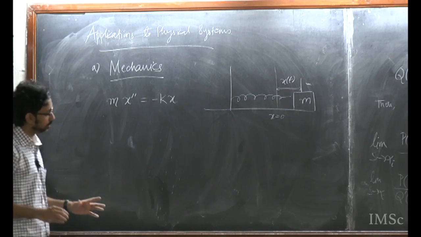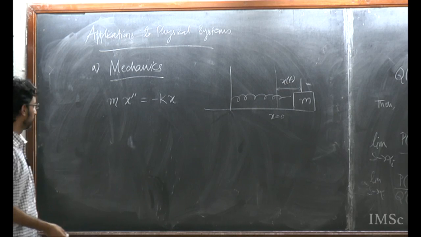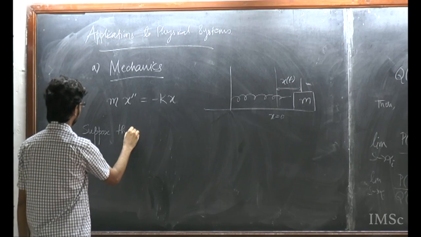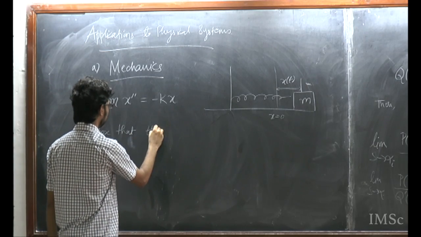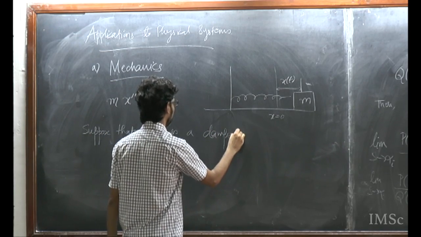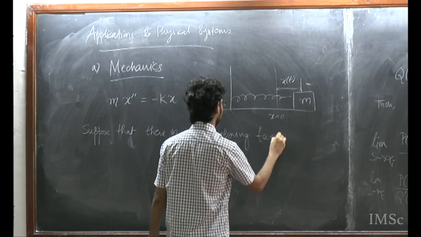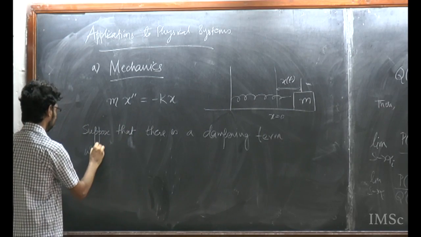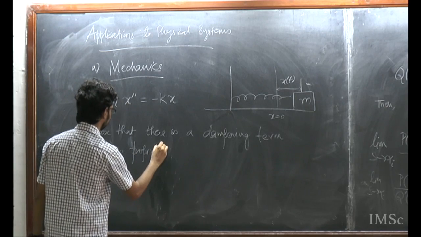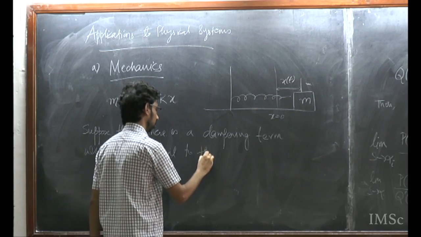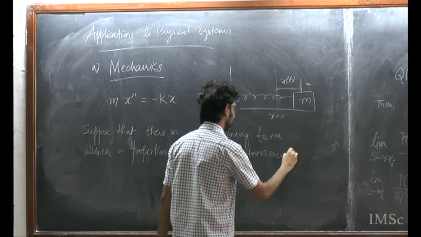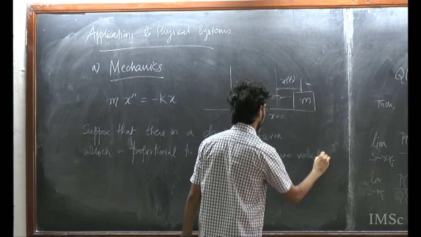Now let me try to complicate it a little bit more. Suppose that there is a damping term which is proportional to the instantaneous velocity of m.